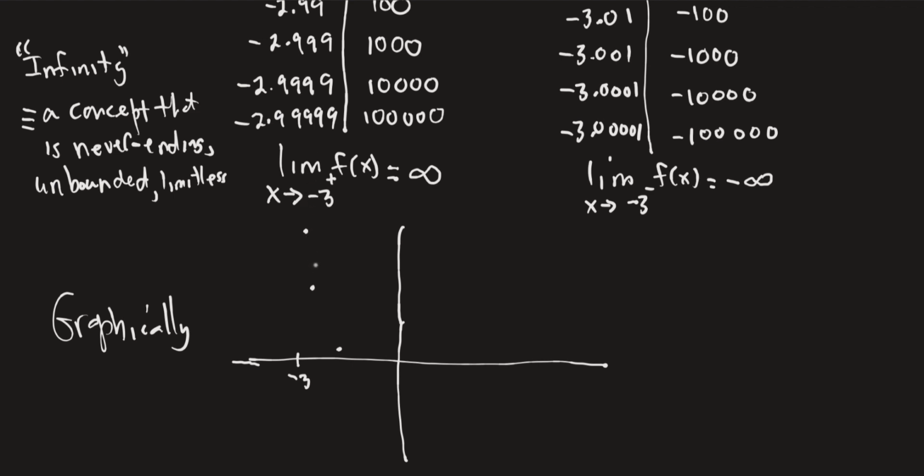Even this isn't realistic. But the whole idea is that as my x gets closer and closer to -3 from this side, my y value just skyrockets. So it goes up like that.